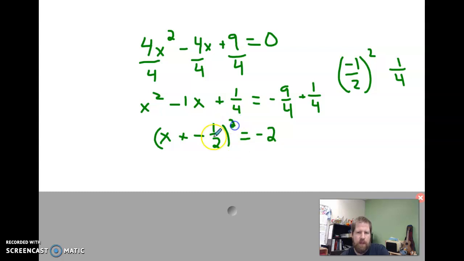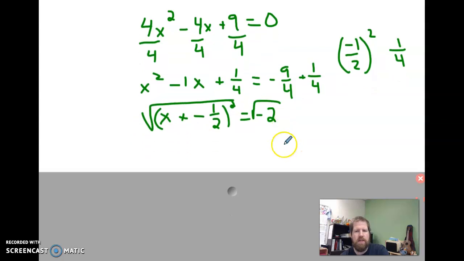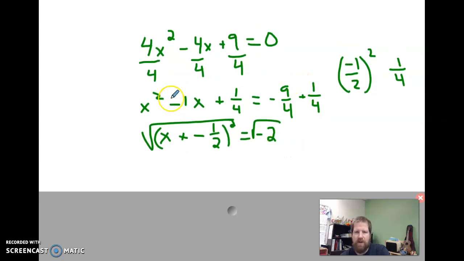Then I go in to get my square root, and this is where I stop. I've done all my steps correctly, but what am I doing? I'm trying to take the square root of a negative number. If that ever pops up, remember, this has no solutions. I can't take the square root of a negative number, so this is no solutions.